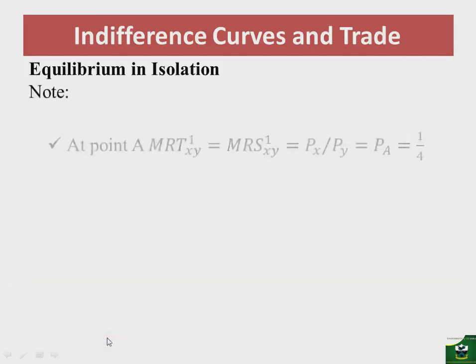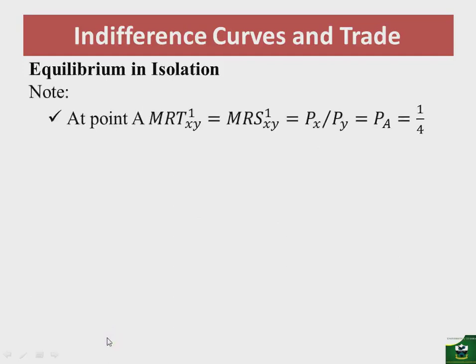Okay, so note that at point A, the marginal rate of transformation, which is the slope of the PPF, is equal to the marginal rate of substitution, which is the slope of the indifference curve, and must be equal to the relative commodity prices, and this will be equal to 1/4 in nation 1. That's why we have put this superscript 1 here to show that we are talking about nation 1.